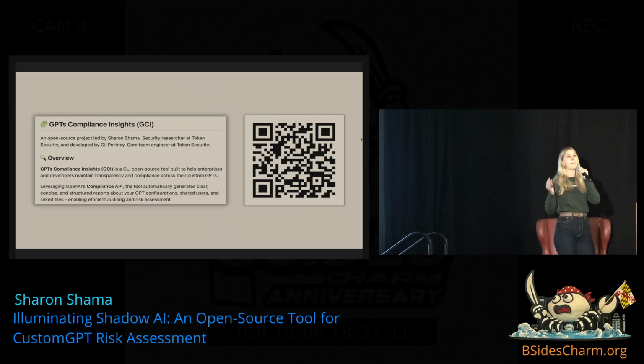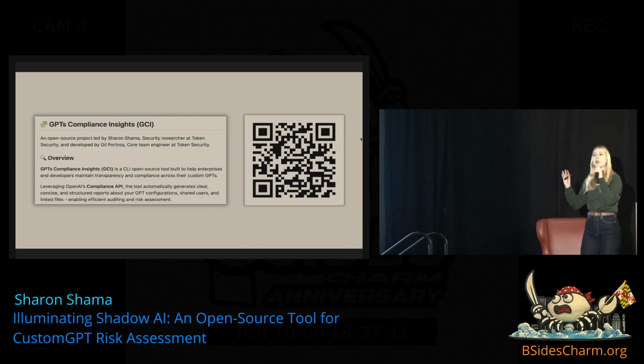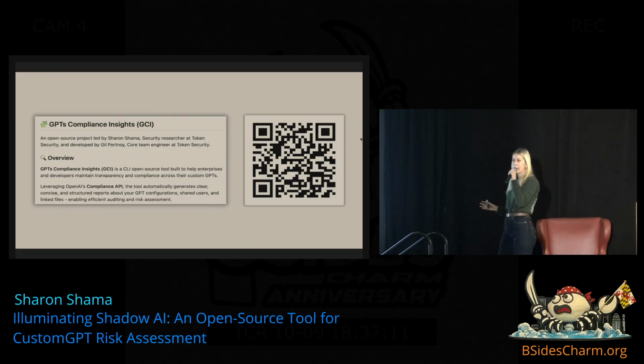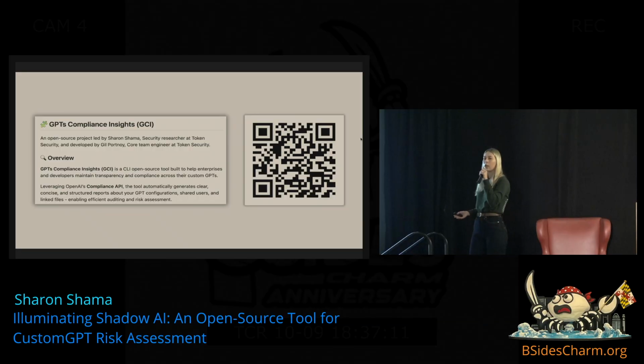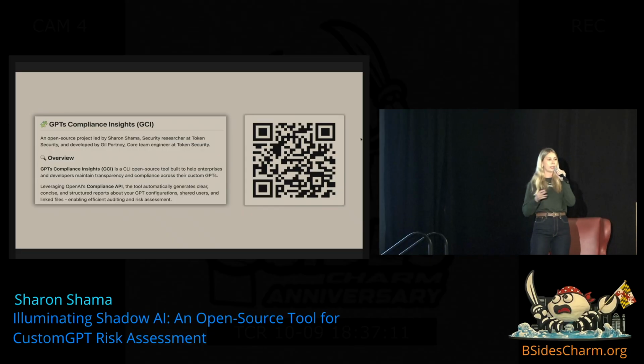And actually, it will help you shift from a manual task. You can query through the Compliance API, but you would have to do it manually for every CustomGPT in your organization. And I can tell you a secret: most of the largest organizations have thousands of CustomGPTs, because it's so easy and it's a chat. It requires zero coding. It's really, really easy.